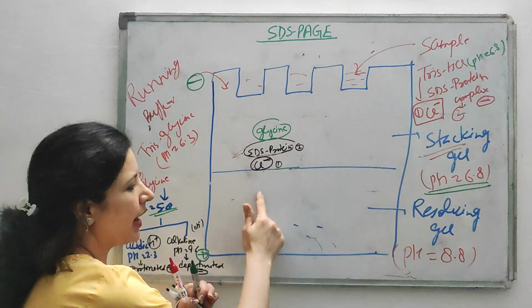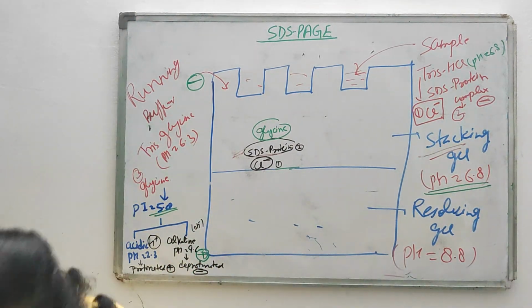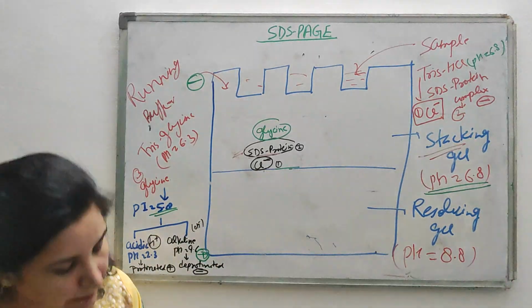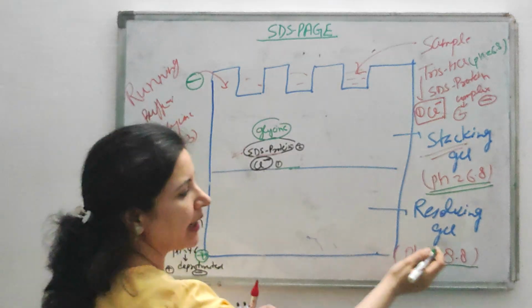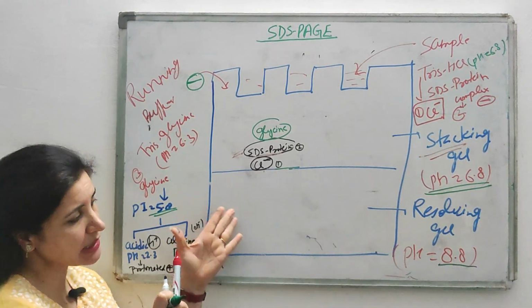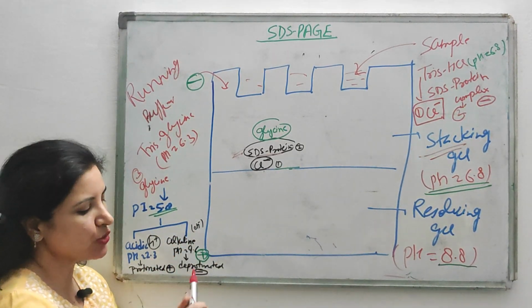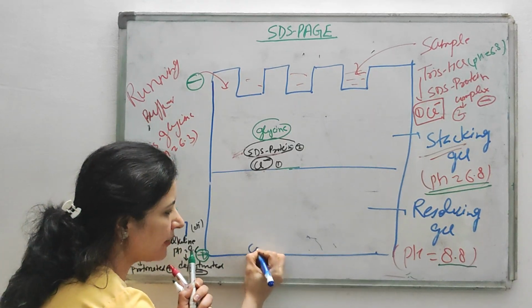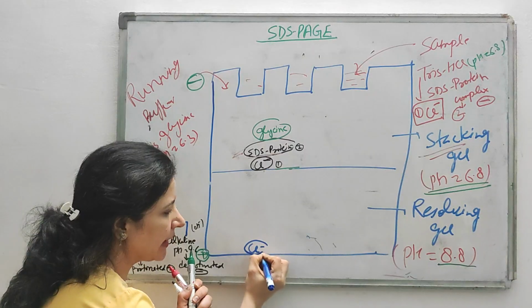Got it? Now understand what happened here. The pH of your resolving gel is 8.8, which is alkaline in nature. At this pH, as you know, chloride is the smallest ion, so chloride ion always comes first and carries a negative charge.